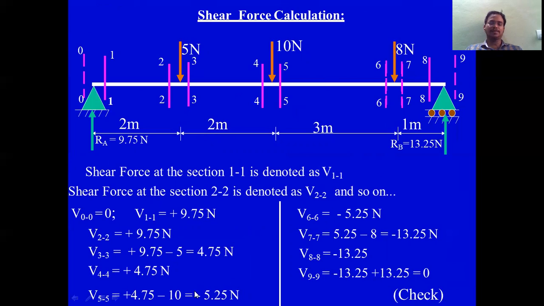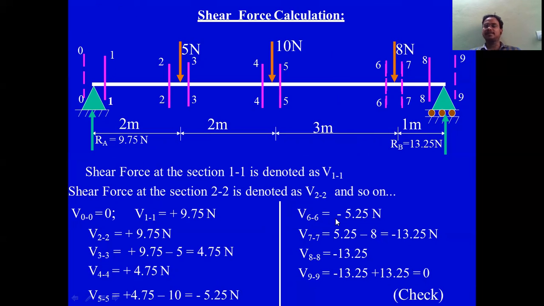It means point of contraflexure is taking place. Once you have found the point of contraflexure, then the others are also negative only. So we do expect other forces if you are having a force from downward, then we can expect some other disturbances. But there are no forces from the downward, only from the top you are having. So we have minus 5.25 Newtons.